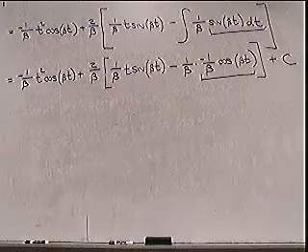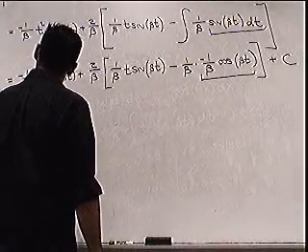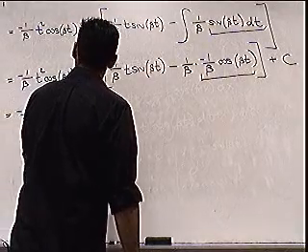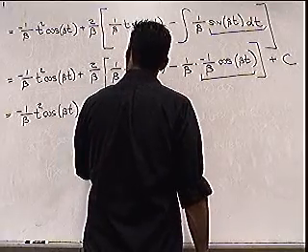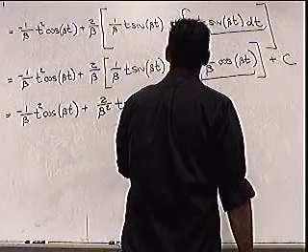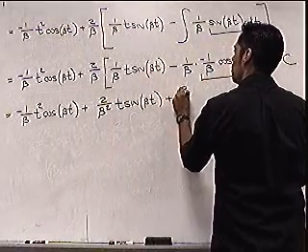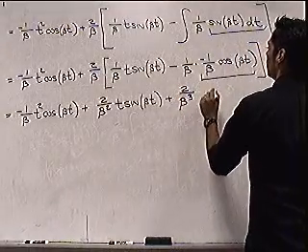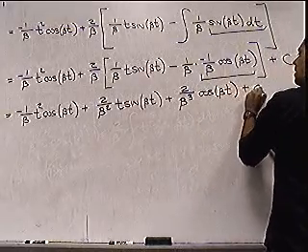So that's the answer. Well, no, we've got to clean it up. Negative 1 over beta t squared cosine beta t plus 2 over beta squared t sine beta t, plus 2 over beta cubed cosine beta t plus a constant.